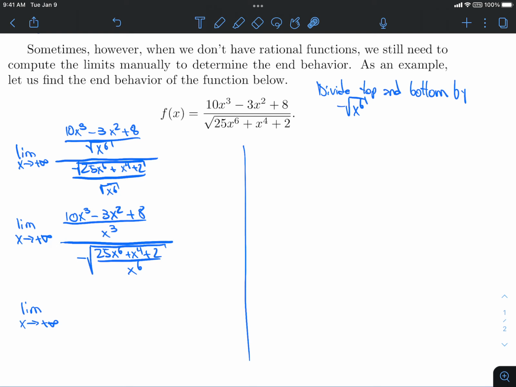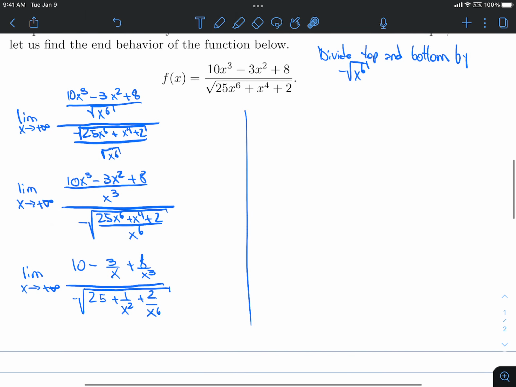That will give me a chance to cancel the x cubeds here. So that's a 10, and then minus 3 over x plus 8 over x cubed, all that divided by the square root of 25 plus 1 over x squared plus 2 over x to the 6th.